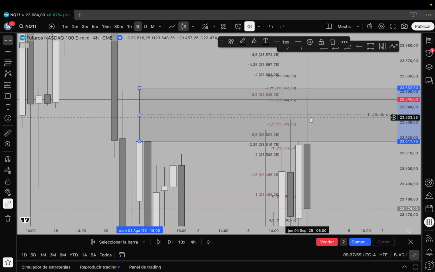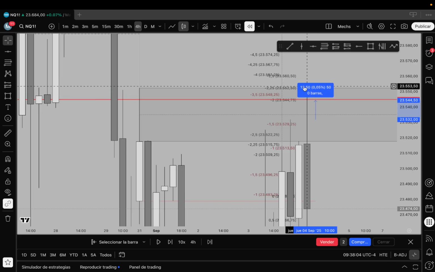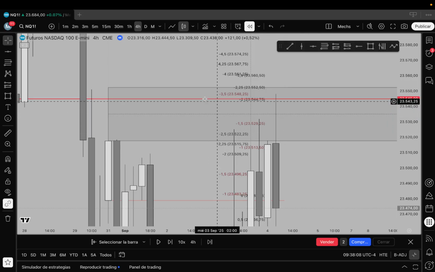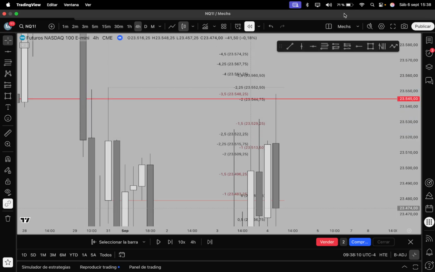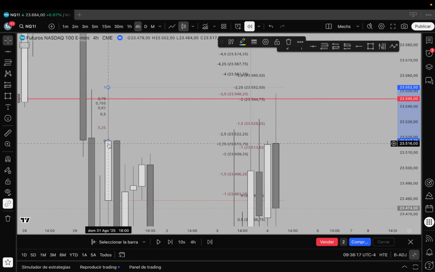I'm expecting a big sweep, a bigger sweep of like 30 points. So that's why I just marked the OT of the rejection block.